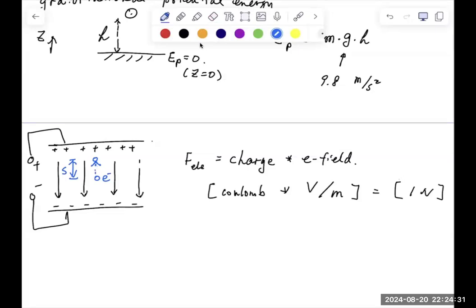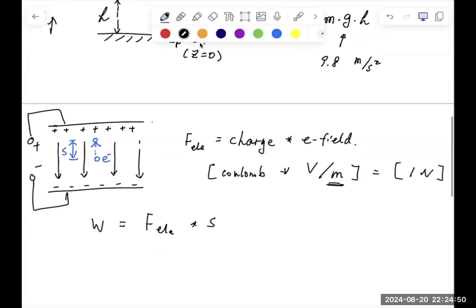But anyway, the work done by this electrical force would equal the electrical force times the S. As you can see, the S would cancel this per meter distance, so that the unit will be Coulomb volt. That actually would equal Joule.